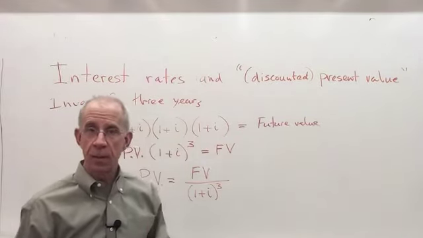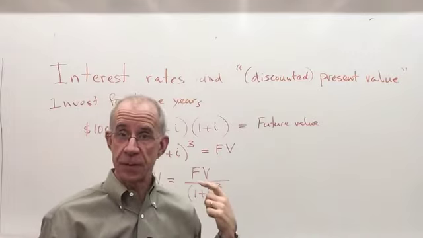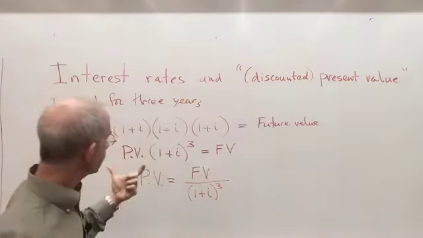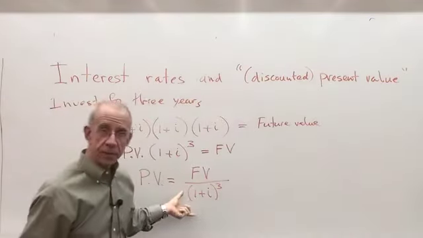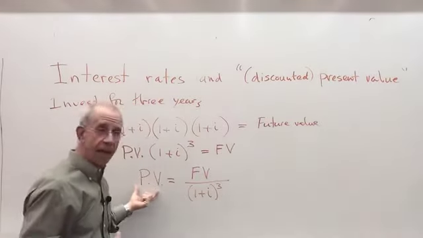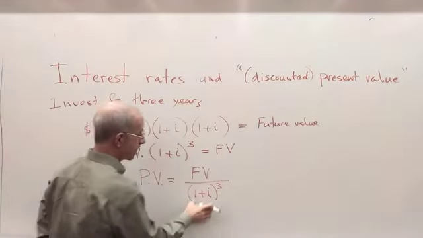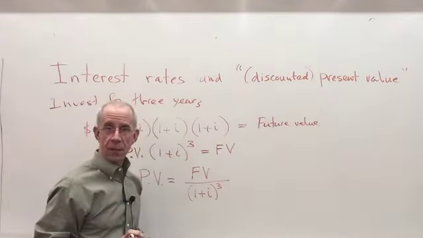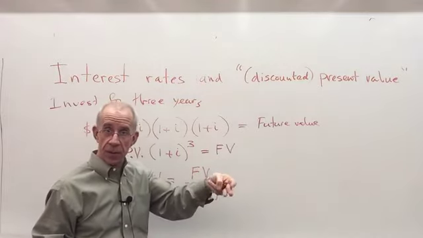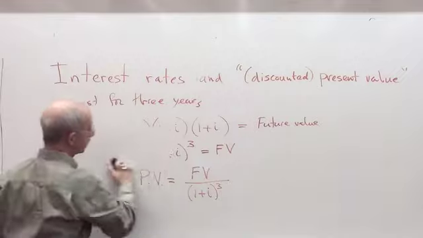That's the formula for present value for 3 periods at this interest rate. So this will tell me what I value this payment in the future when taking into account that there's 3 periods of earning interest.